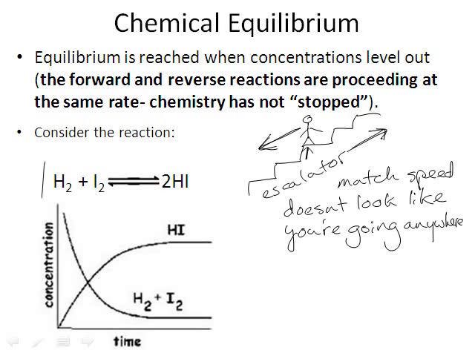Now with a chemical reaction, like H2 plus I2 goes to 2HI, we have reactants on the left, and products on the right. We have a double-sided arrow in the center here, meaning we can go from reactants to products or from products to reactants. Looking at the plot below, if it's 0 down here, this says that I started with 0 HI, so I didn't have any products to begin with.